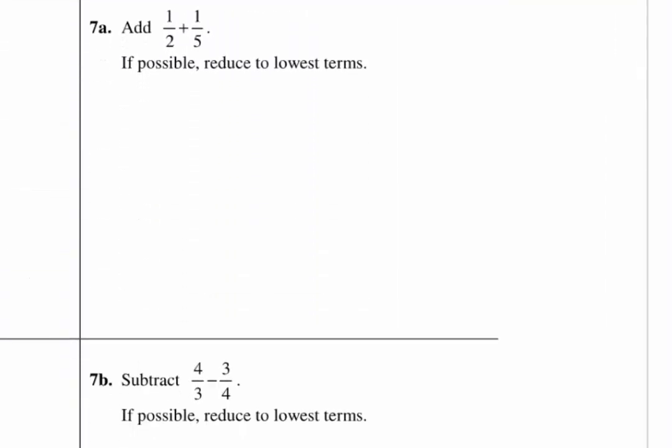Number 7A, I'm going to add fractions. These are unlike denominators, so we want to make sure to find a least common denominator. The least common denominator between 2 and 5 would be 10. So let's change 1/2 to tenths. The way I'll do that is 2 needs to multiply by 5 to get 10. So if I multiply 1 by 5, I would get 5/10.